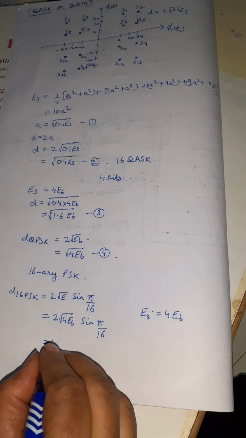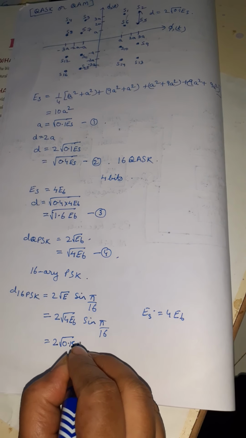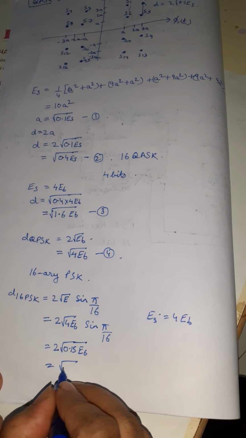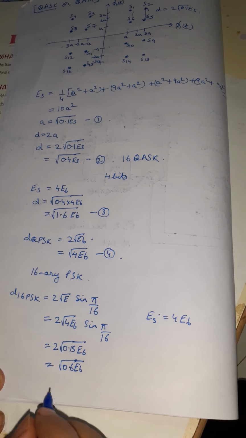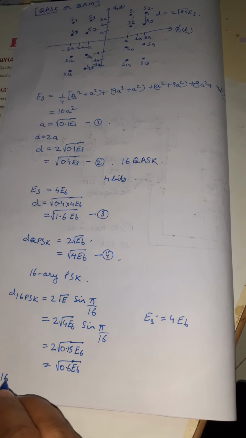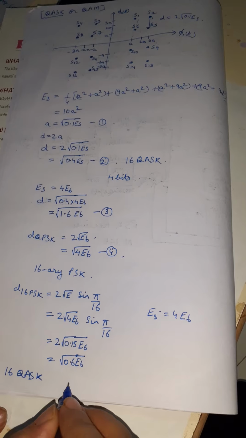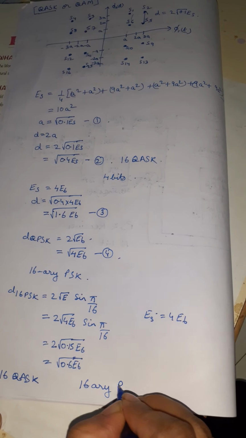So this will be 0.15 EB, and this becomes root of 0.6 EB, and thus the distance of 16 QASK is greater than 16 ary PSK.